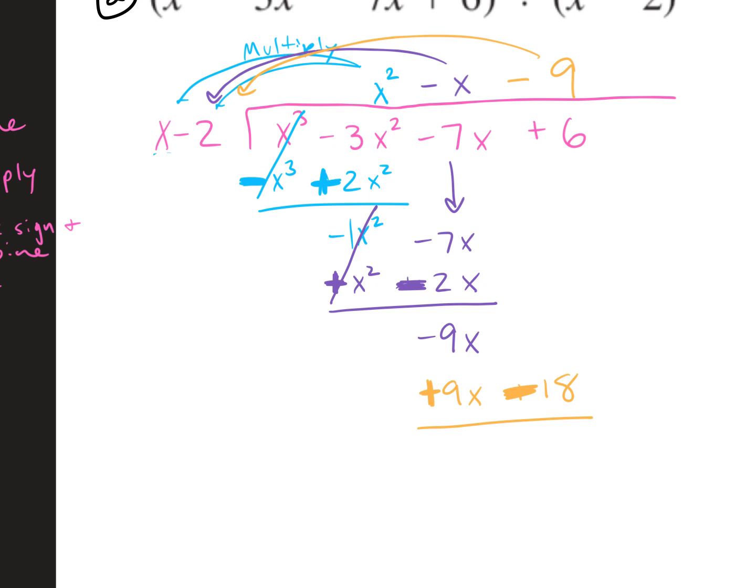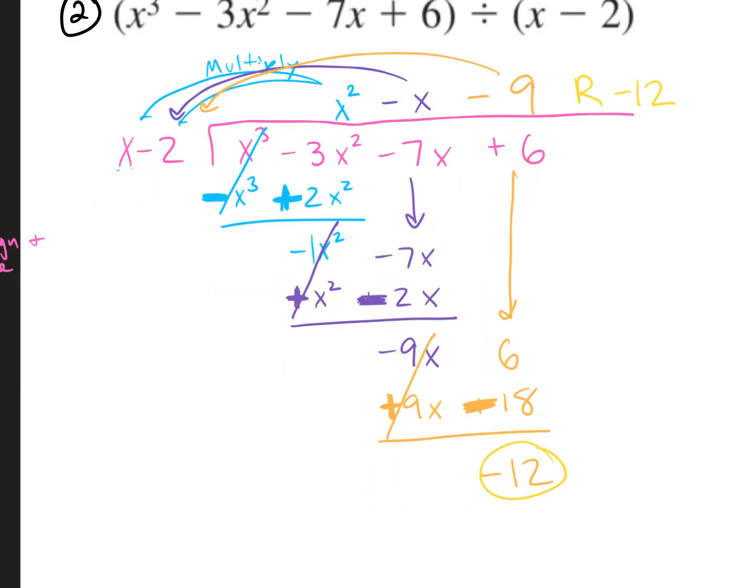So negative 9x plus 9x will cancel. And to combine, I got to drop down that 6. What is 6 minus 18? Negative 12. What's next? That's it. That's our remainder. Right.